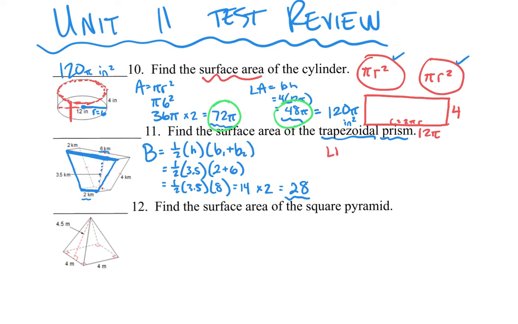Now I've got to find the lateral area, and that's going to be made up of all these rectangles along the sides of my trapezoid. So that rectangle has a 2 up here and a 4 along the side. So that's a 2 by 4. And then there's another 2 by 4 rectangle on the other side.